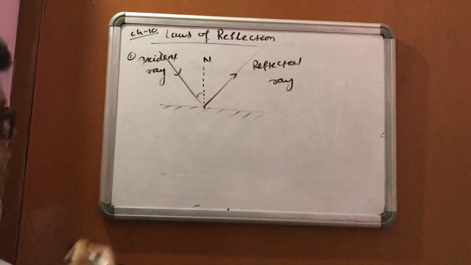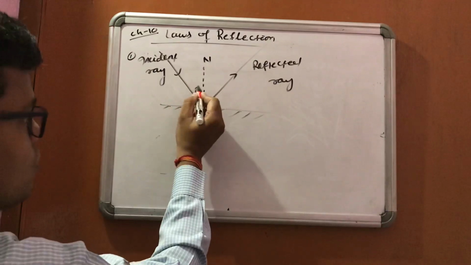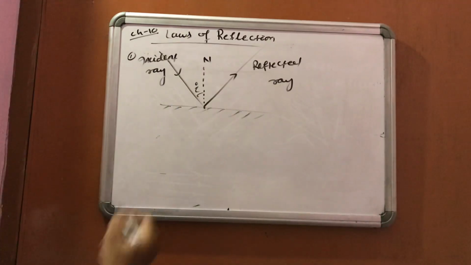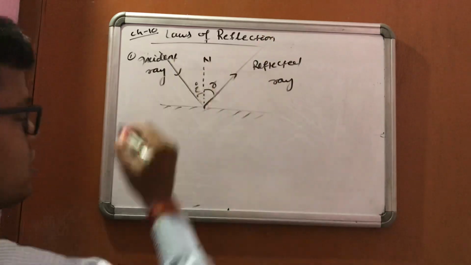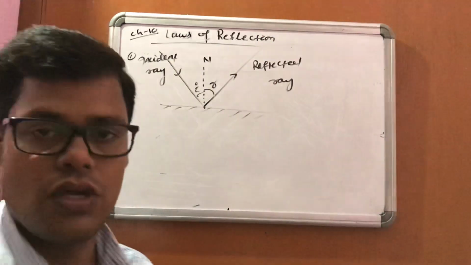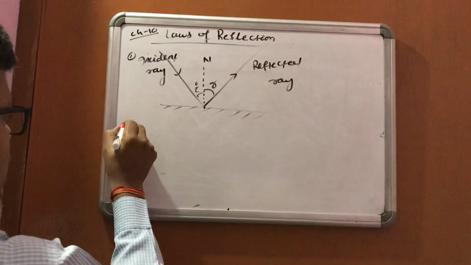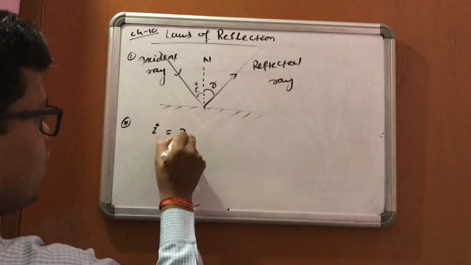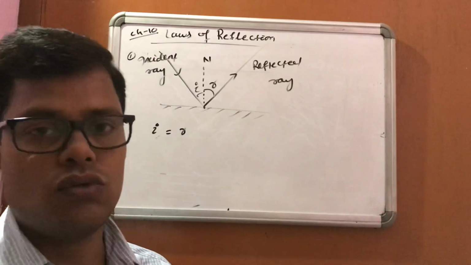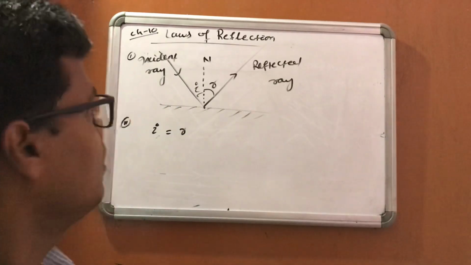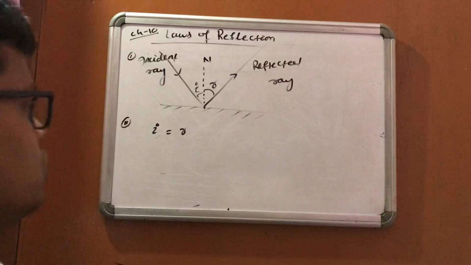The angle between the incident ray and the normal is known as the angle of incidence. The angle between the reflected ray and the normal is known as the angle of reflection. So the second law is that the angle of incidence is equal to the angle of reflection. So these are the two laws.